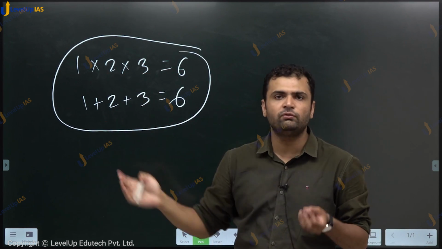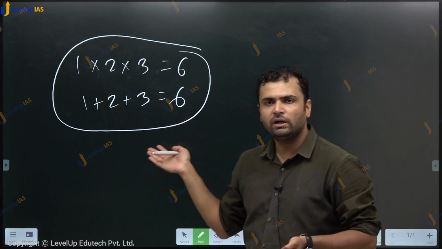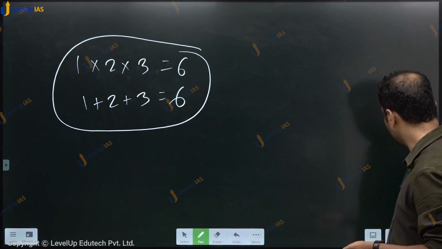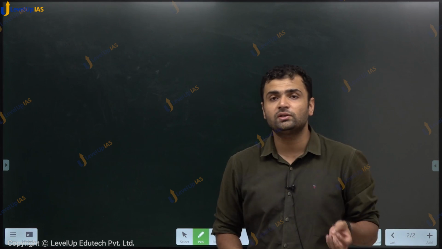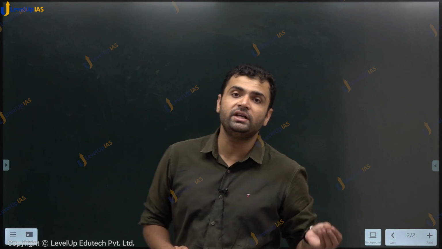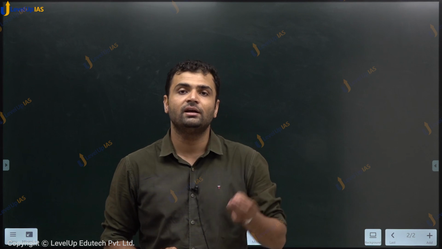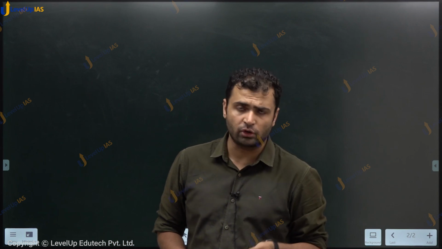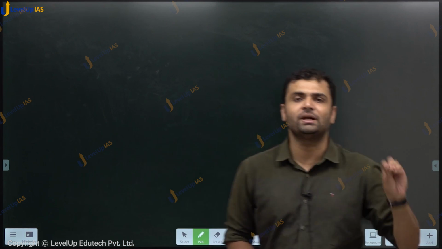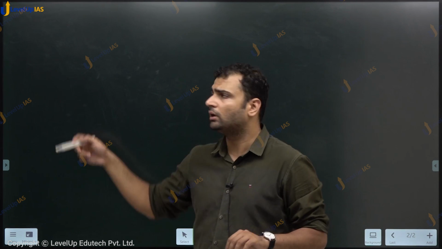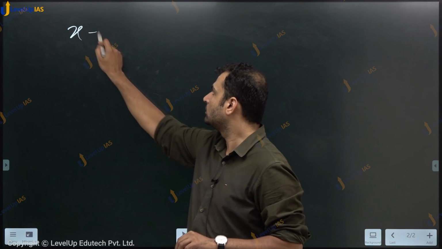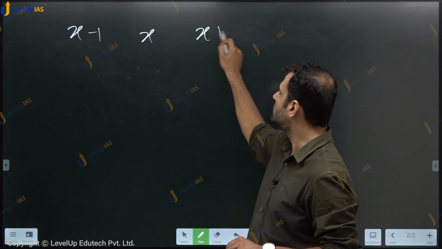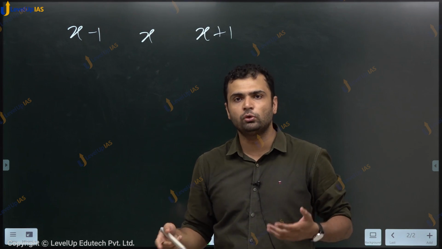Yes, there is. If you talk about natural numbers, it is absolutely true. But in 2022, the question was how many triplets of integers are there such that their sum is equal to their product. So if you take 3 consecutive integers, we wanted their sum to be equal to their product.